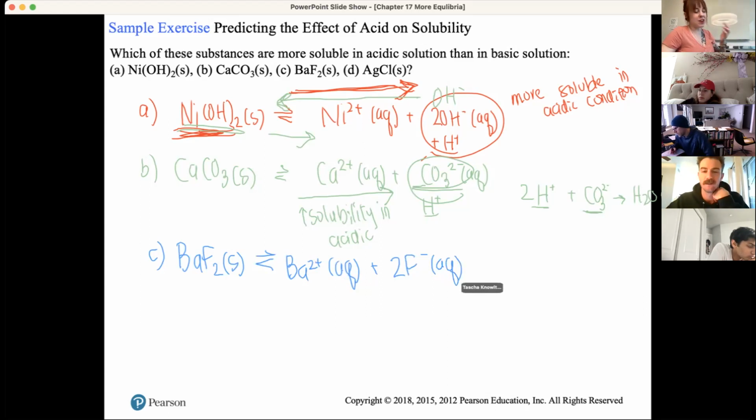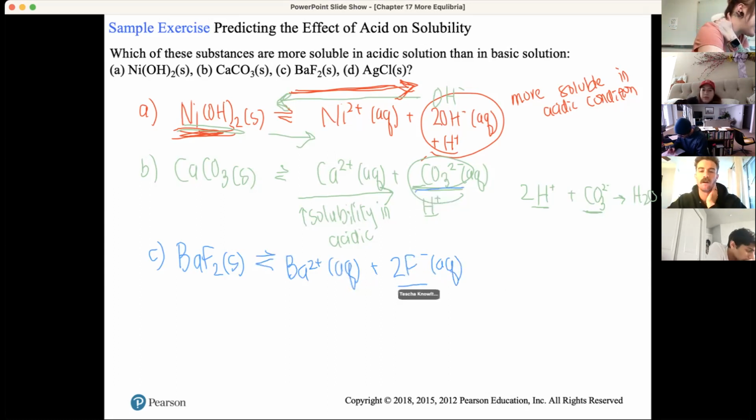We're just going to start with hydrogen again, because why not? Now, are either of these ions conjugate bases of weak acids? Yes. Just like carbonate was a conjugate base of a weak acid, fluoride is a conjugate base of a weak acid.